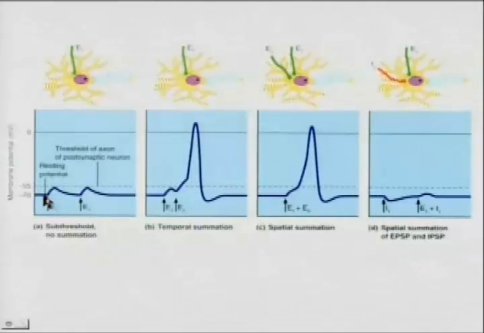So if these two subthreshold events, synaptic events, are separated in time sufficiently so that the first one has decayed adequately such that the second does not thereby reach threshold, there is no action potential fired.